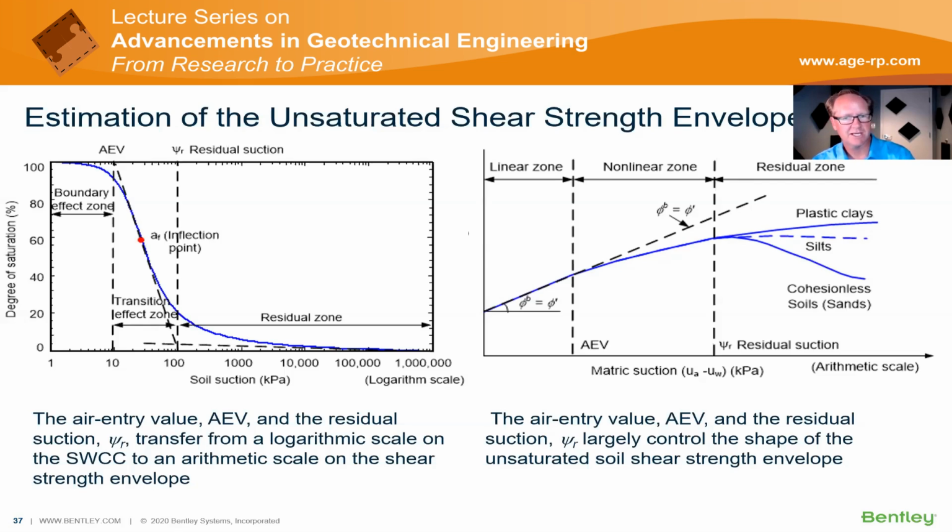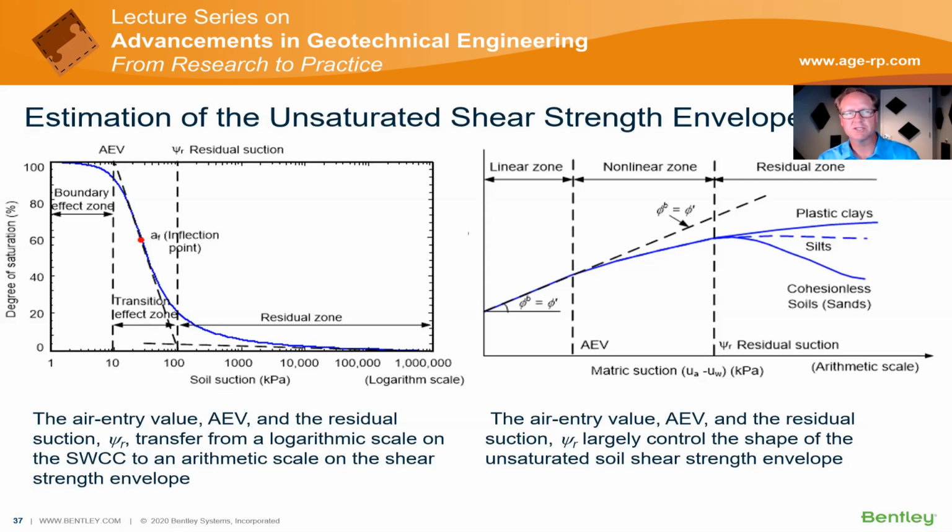Then as the soil desaturates, your shear strength will typically fall away from your phi prime angle. In other words, it can't contribute as much because there's not enough water to pull on. Once you hit residual conditions, you can either decrease, or if you have plastic clays, you may still hold steady or slightly increase. If you have more cohesionless soils like sands, your shear strength will typically decrease after the residual suction has been reached. So it gives you an idea of the general behavior.